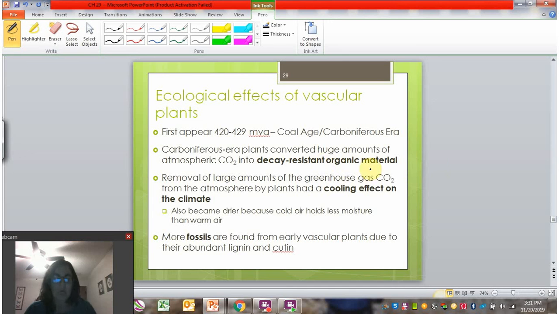And the plants were absorbing CO2 through photosynthesis. So remember, they bring it into their bodies through photosynthesis. And then if they decay, the CO2 will be released back out. But if they don't decay, they hold that CO2 in their bodies.